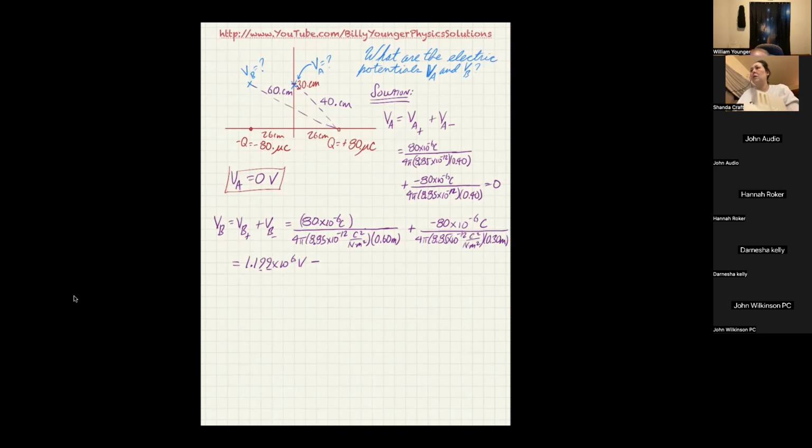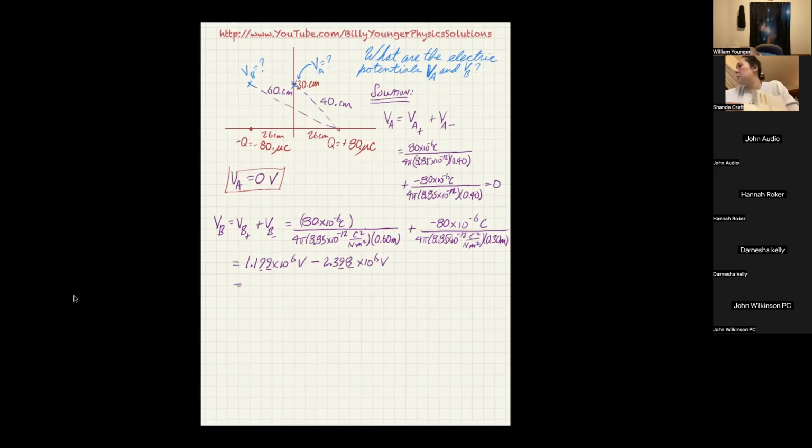In this case, I get 2.398. Obviously, the 9 and the 8 are not sig figs. And that's times 10 to the 6 as well. And again, I did say that that was equal to volts.